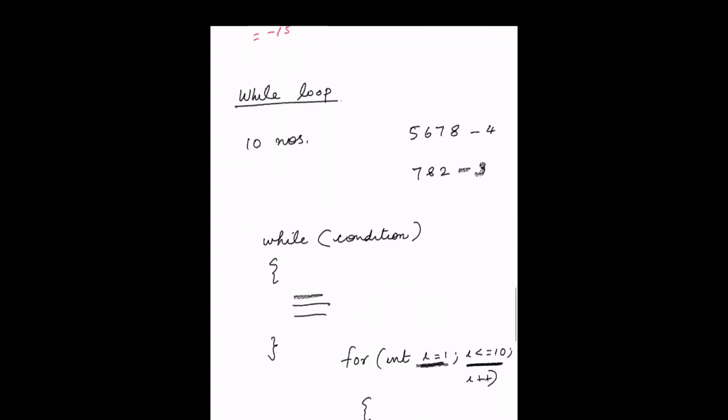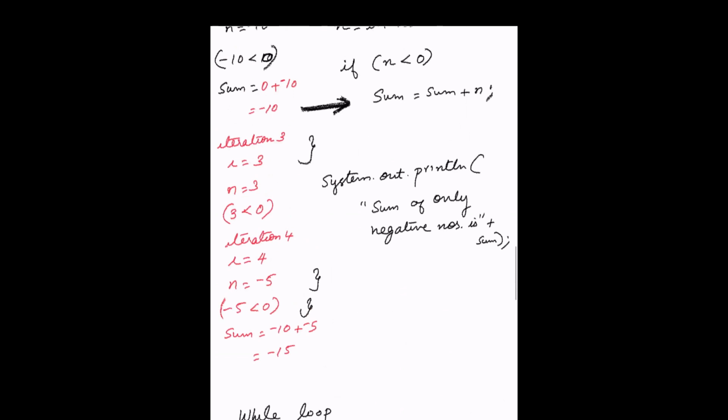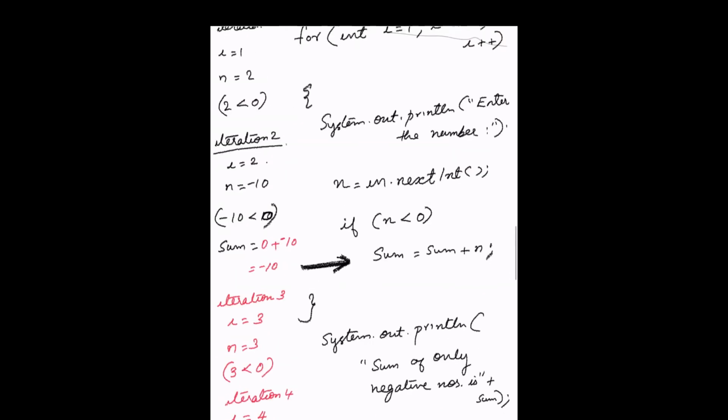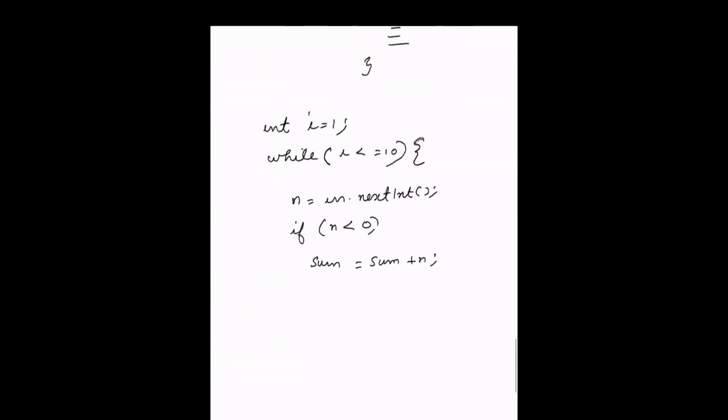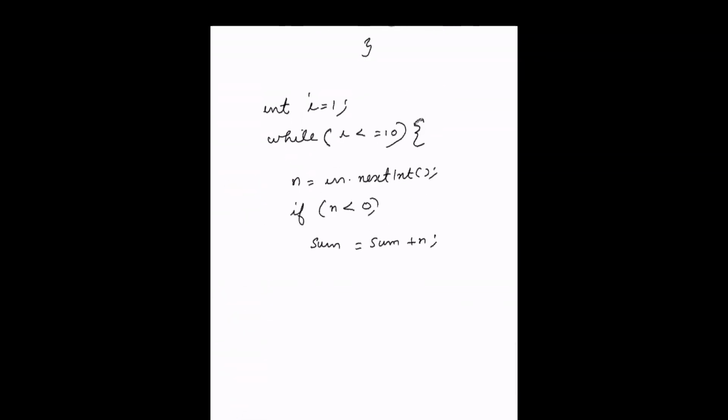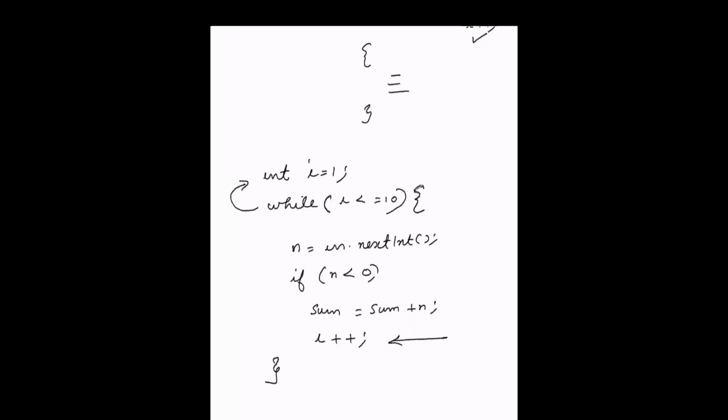Just check this out. You see this System.out.println, enter the number, n equal to in.nextInt. If n is less than 0, sum equal to sum plus n. And end the loop here, right? You are ending the loop here. Now coming back to this part. Did you understand this?